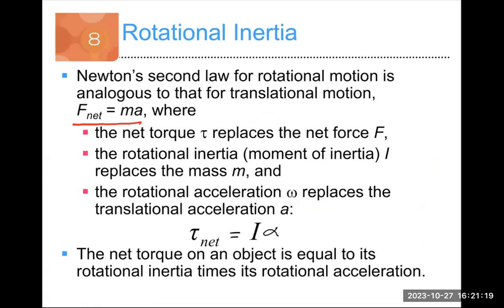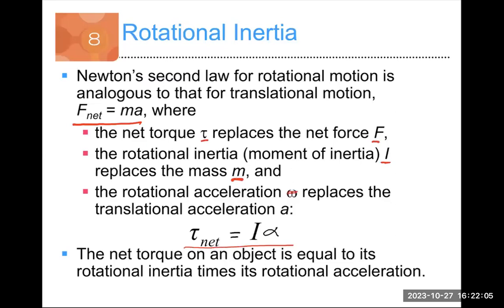Now for rotation, what we're doing is replacing force with torque, and we're replacing the mass with rotational inertia, also known as moment of inertia, and we use a capital I for it. So our new form of Newton's second law is the net torque equals the rotational inertia times the rotational acceleration. So we have net torque equals I alpha.